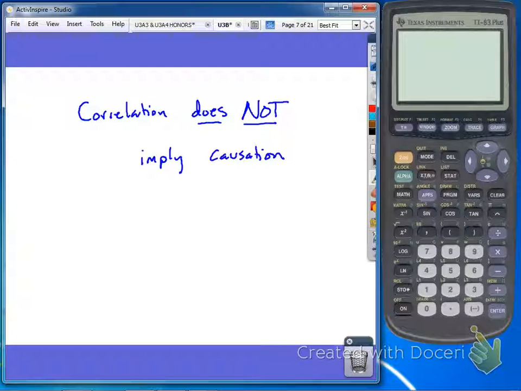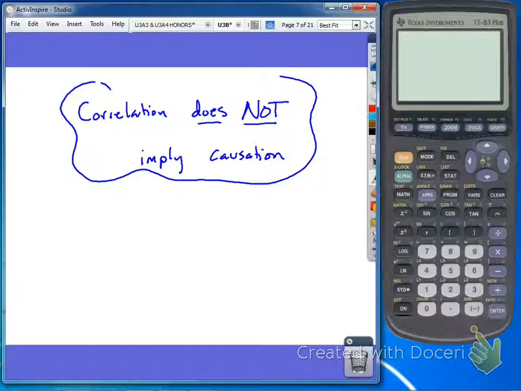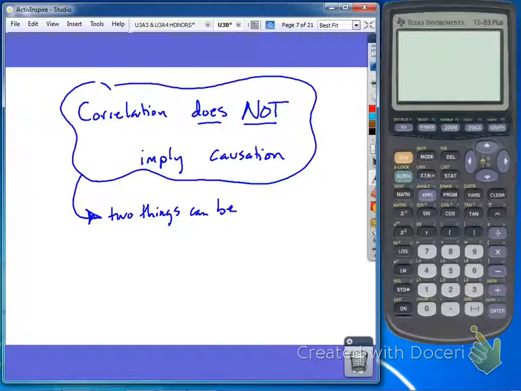Two things can be related, but one does not have to cause the other.